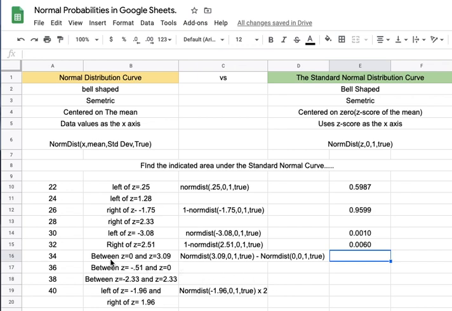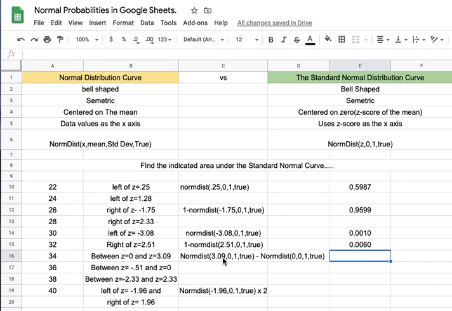We want to find the area in between z equals 0 and z equals 3.09. So if we do a normal distribution using the z-score of 0, that's going to give us the area to the left of 0. If we do a normal distribution with z equal 3.09, that's going to give us the cumulative area to the left of 3.09.